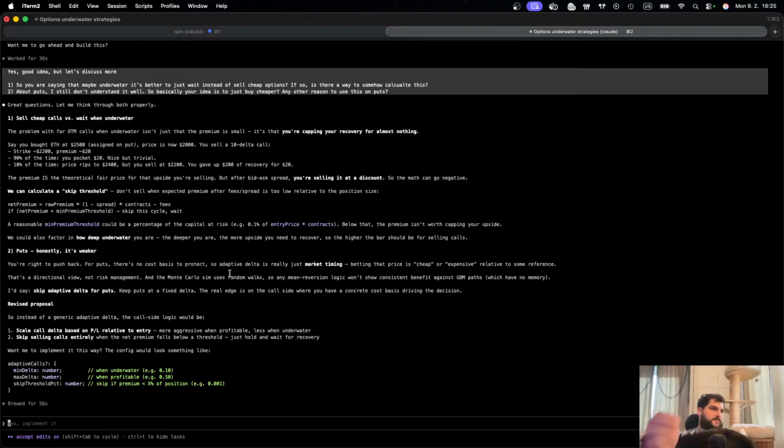Yeah, I agree. So instead of generic adaptive delta, the call side logic should be: scale call delta based on PNL relative to entry, more aggressive when profitable, less when underwater. Stop selling calls entirely when the net premium falls below a threshold. Just hold and wait for recovery.